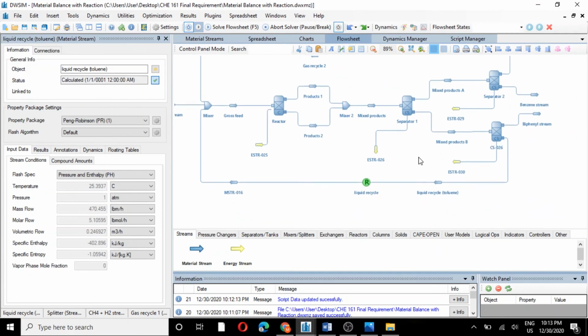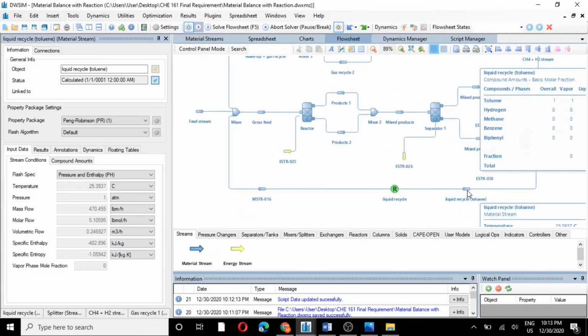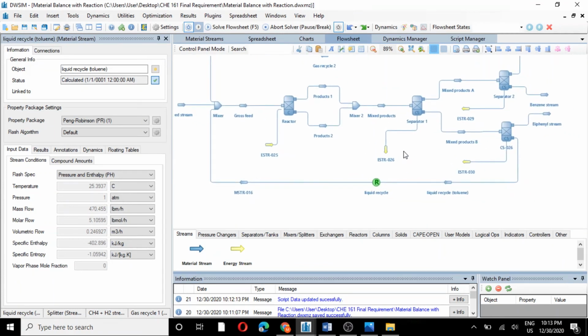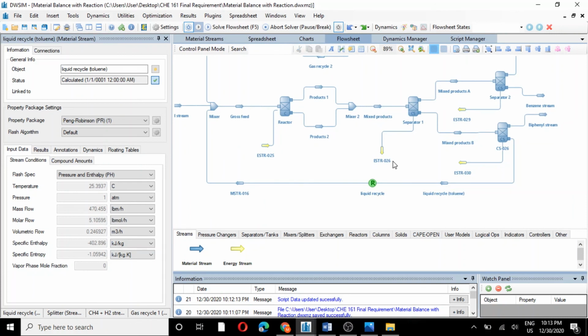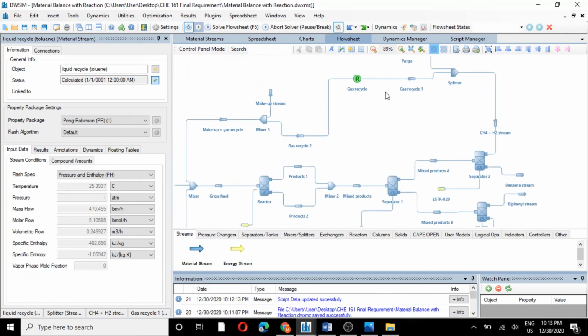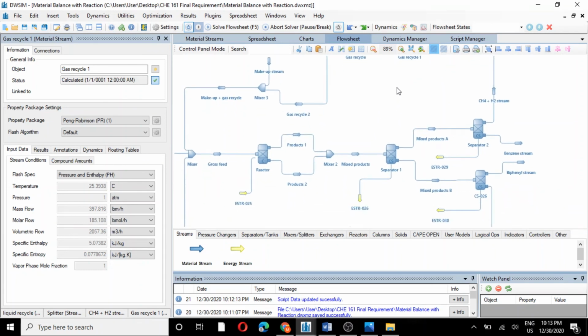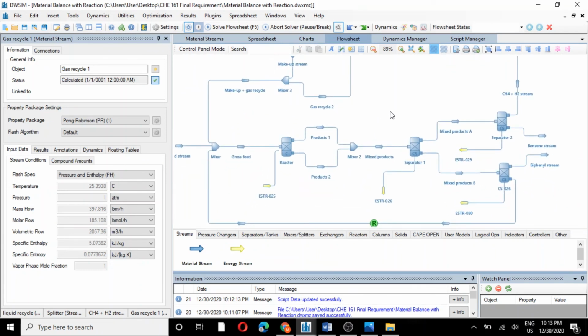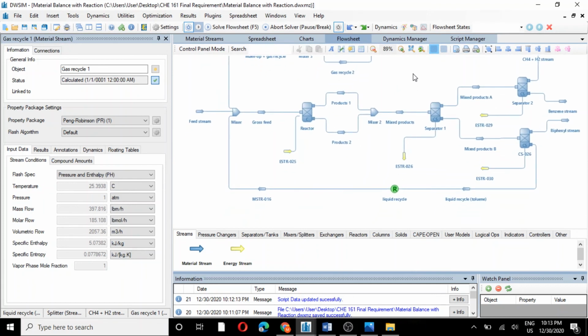This is the problem, and we already attained the answer, 5.11 pound-mole per hour for the liquid recycle. And for the gas recycle, we have 185.108 pound-mole per hour. So I think that's it. Thank you.